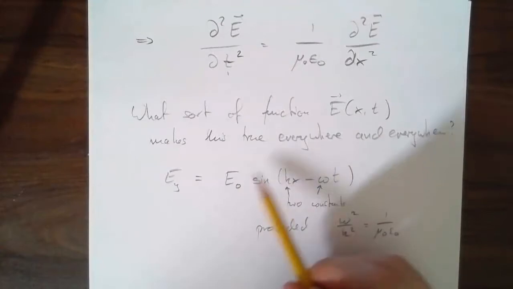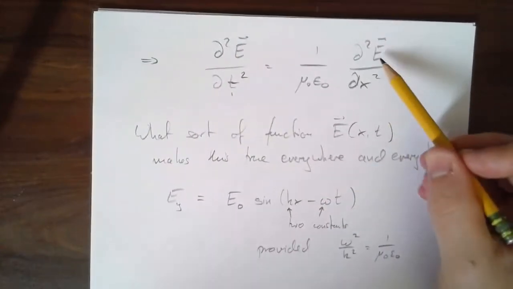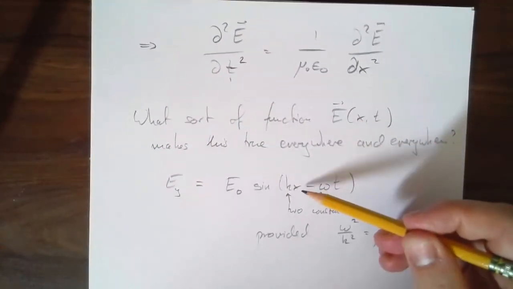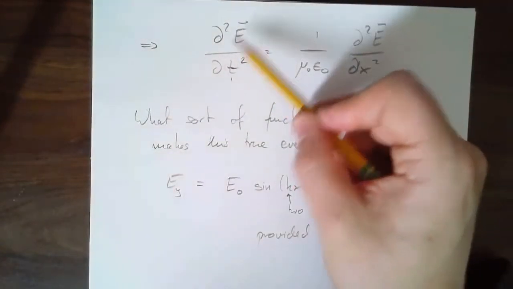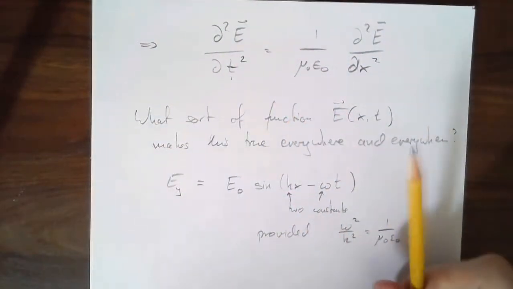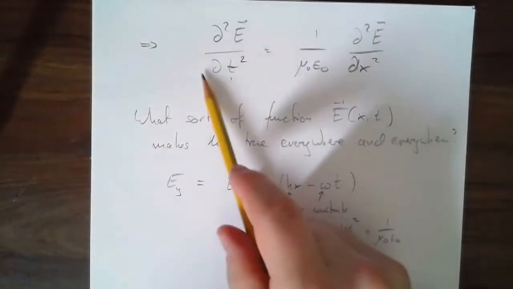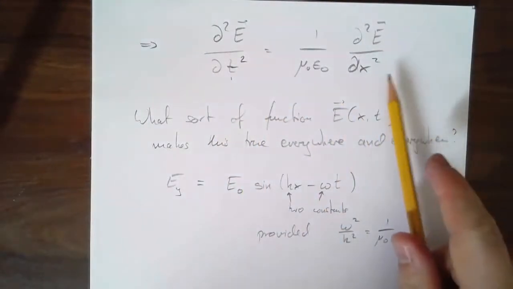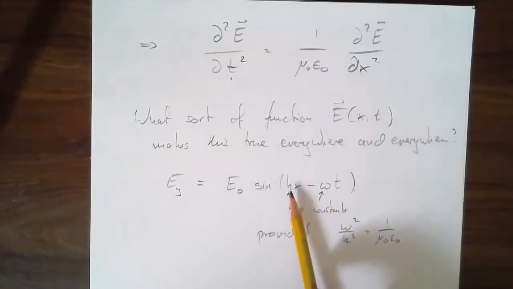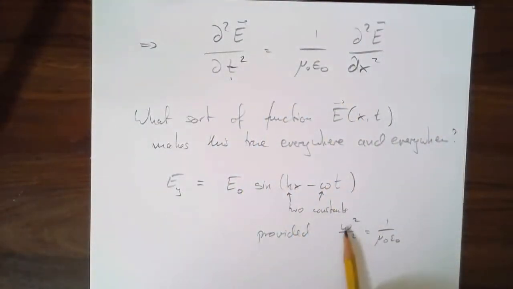So here's what you do. You take this expression, you take the second derivative with respect to x, you take the second derivative with respect to time, and you should find that this equation up here becomes true. Obviously, left hand side equals right hand side, provided this fraction here is equal to this.